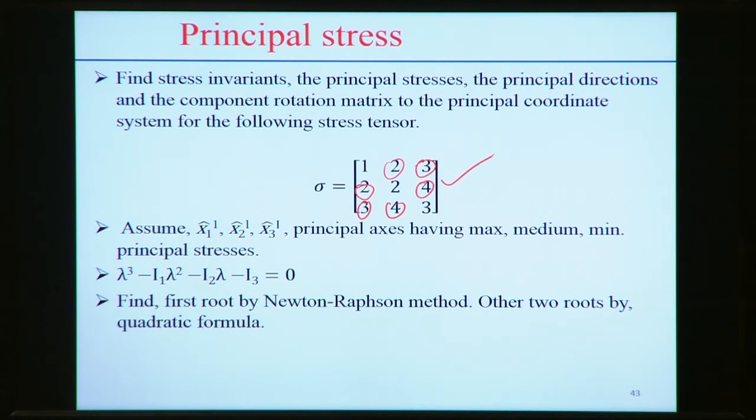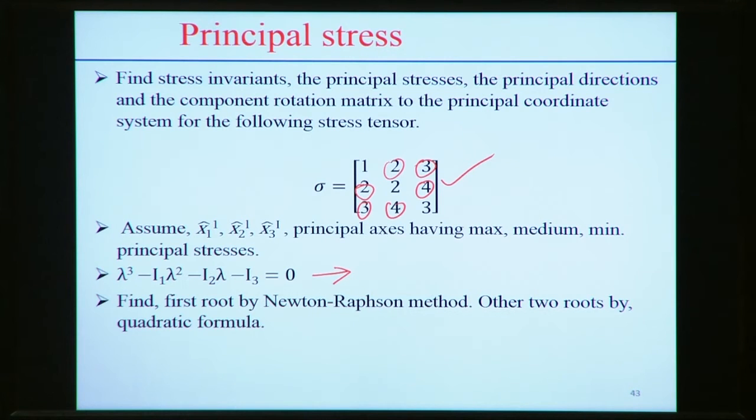First, to find the principal stresses corresponding to the stress tensor, we need to formulate the cubic equation. Here I1, I2 and I3 are called the stress invariants. We will see how these invariants can be represented in terms of the different stress components.